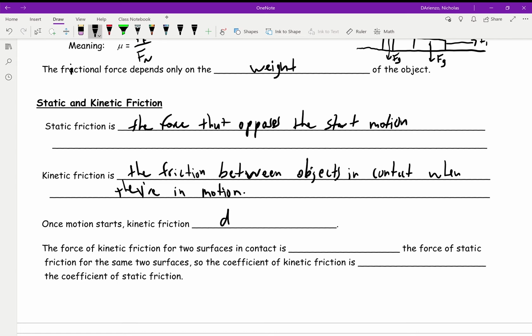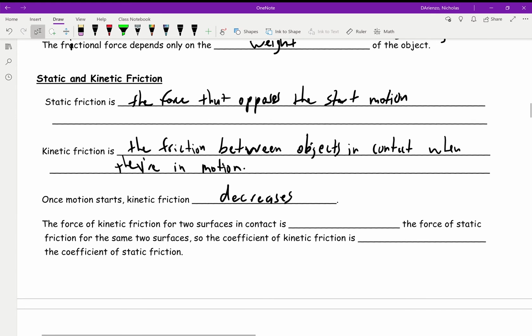Now in the lab that we did looking at friction, you should have seen from the cart that once the motion starts, the kinetic friction actually decreases, and we could continue to move that cart at a constant speed with less force once we overcame that static friction.